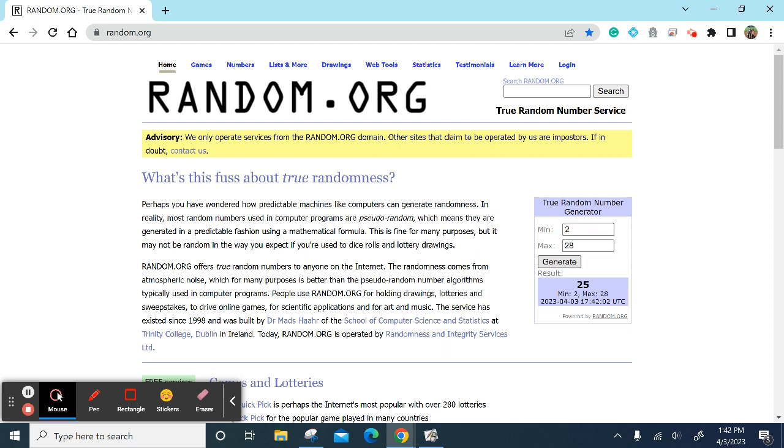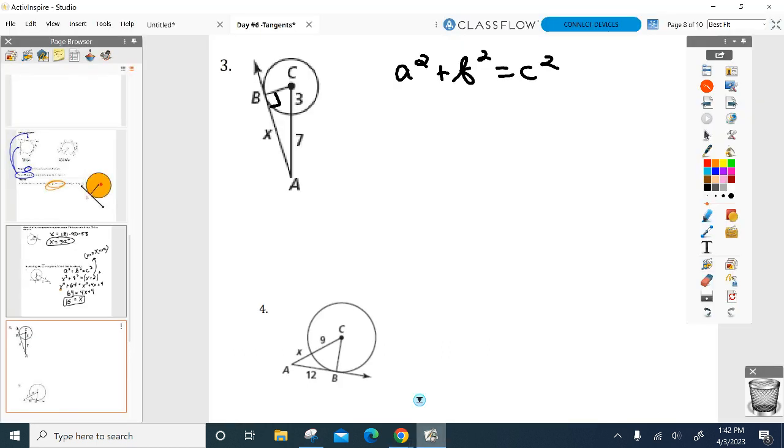What's the one you're confident in? 10. X squared. Whoa, CB, the other leg, completely blank, but I'm still going to use Pythag. Not for long.